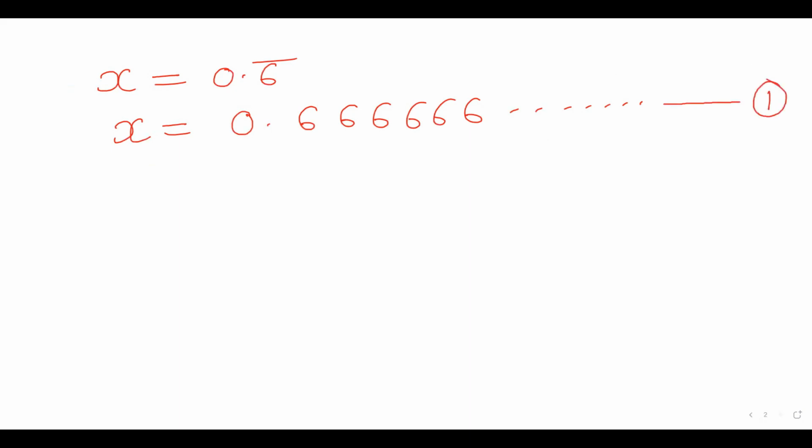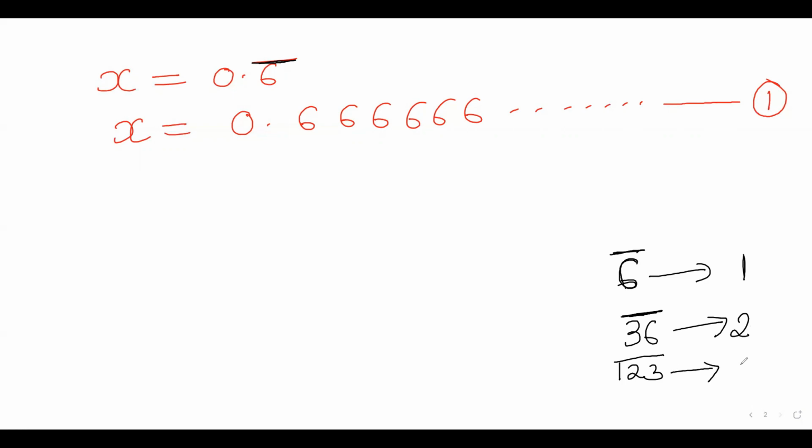Now you have to check the bar is for how many digits. If it is written for one digit, then we say that periodicity is 1. If the bar is given for 2 digits, then periodicity will be 2. If the bar is given for 3 digits, periodicity is 3.